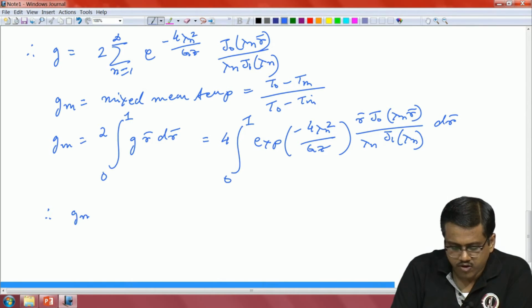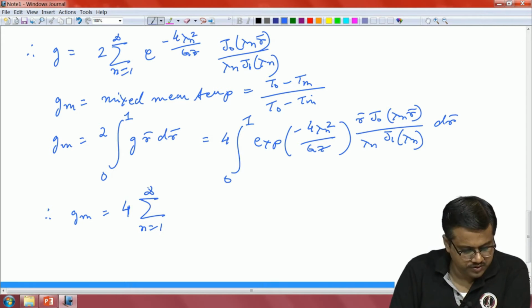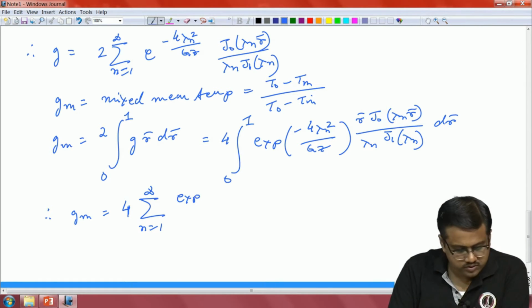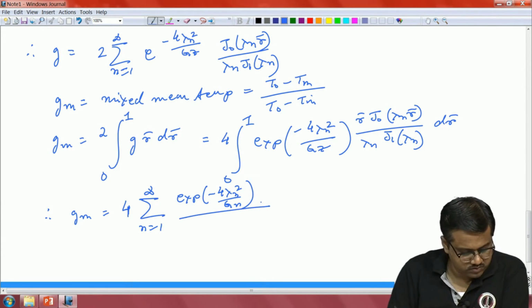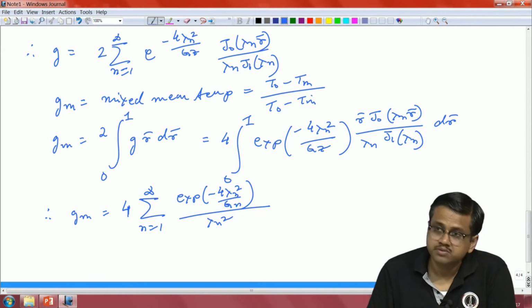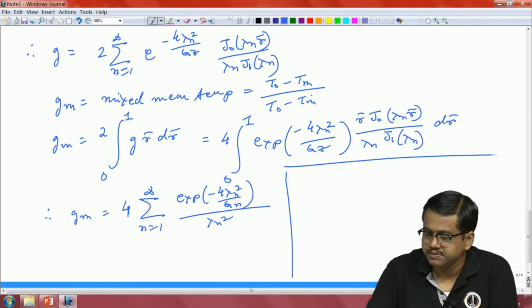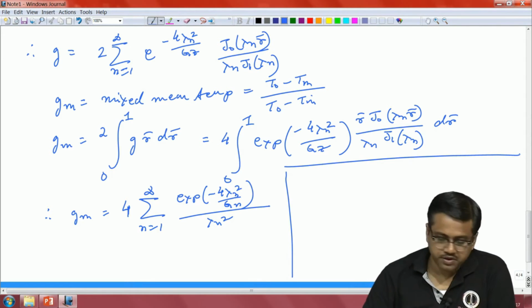Therefore, Gm would be equal to 4 times the sum, and that is Gm for you. That is the mixed mean temperature that we defined.